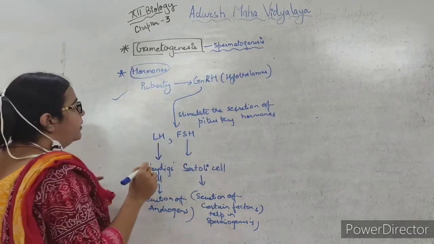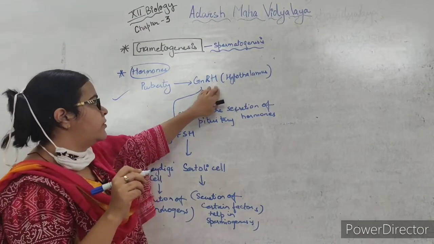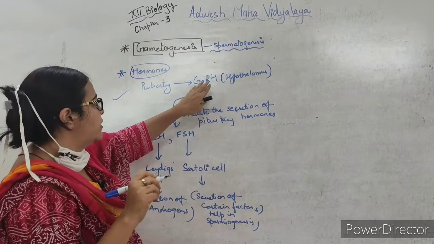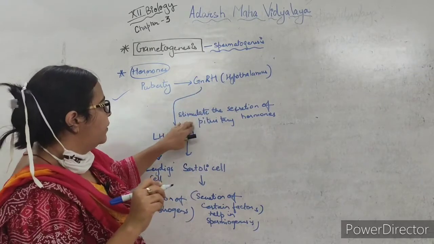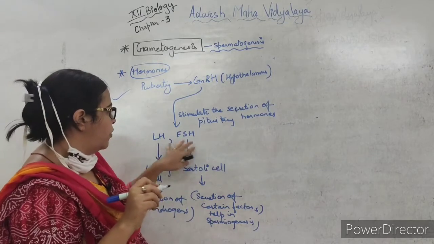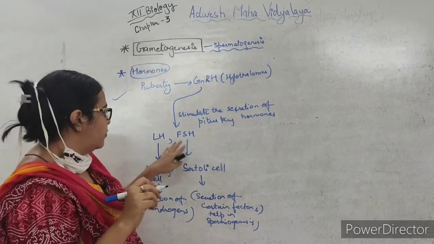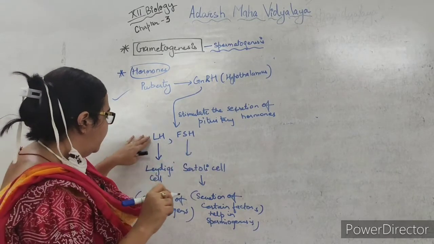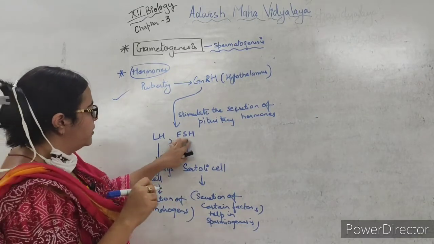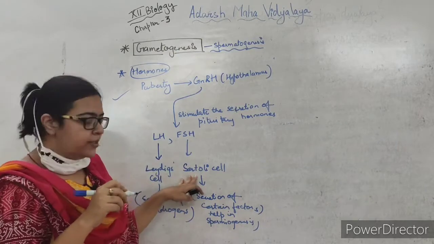Okay, so this is the role of hormones. When the male attains puberty there will be release of gonadotrophin hormones from the hypothalamus of the brain. Now this gonadotrophin will stimulate the secretion of pituitary hormones, LH, luteinizing hormone, and follicle stimulating hormone. The luteinizing hormone will act on the Leydig cell, and follicle stimulating hormone will act on the Sertoli cell.